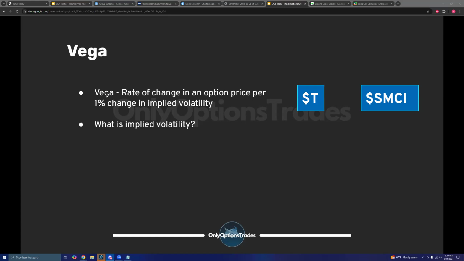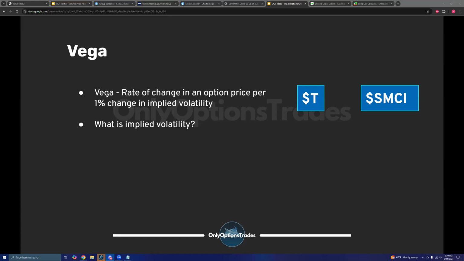For example, I have two stock tickers shown on the right here, AT&T and SMCI. In recent months, the volatility in SMCI certainly has decreased, but it's meant to just compare the two, right? These two names have a very significant difference in implied volatility. T certainly has much less implied volatility than SMCI, right?